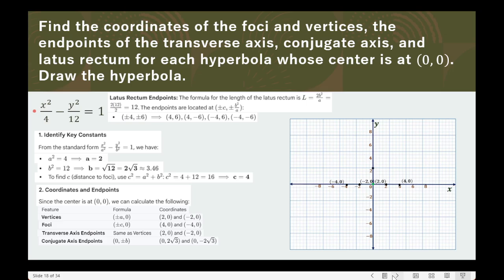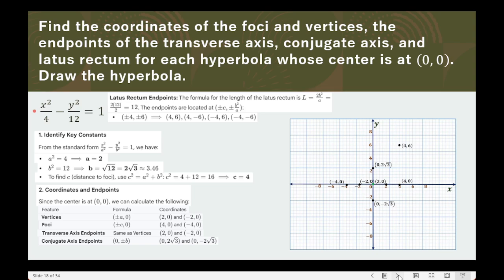Then we plot the endpoints of the conjugate axis. These endpoints have the following coordinates: 0, 2 square root of 3, and the other one is 0, negative 2 square root of 3. Then consider also the endpoints of the latus rectum.